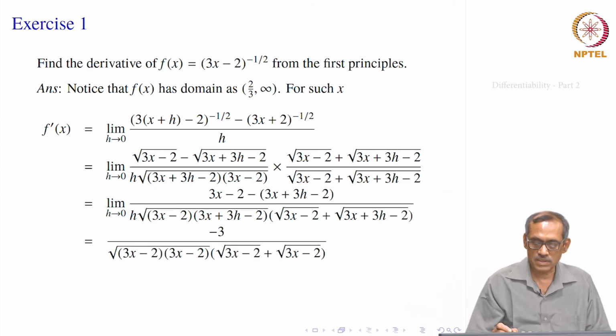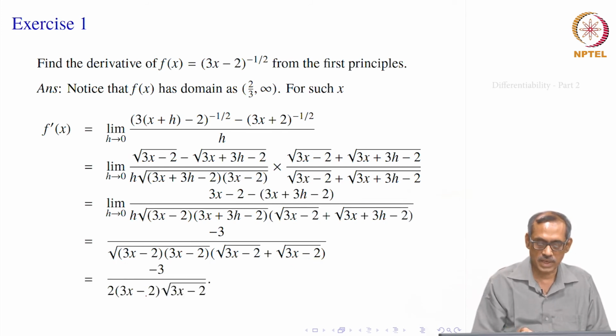And the top we find it cancels 3x with 3x and minus 2 with minus 2. So, we get minus 3h and one h is there. So, this h cancels with 3h. So, we get minus 3 on the top, and down we have all the two other expressions, which when h goes to 0 gives rise to 3x minus 2 into 3x minus 2, here also 3x minus 2 plus 3x minus 2.